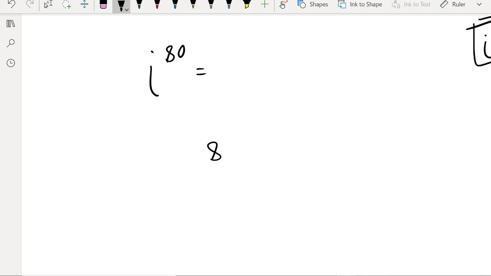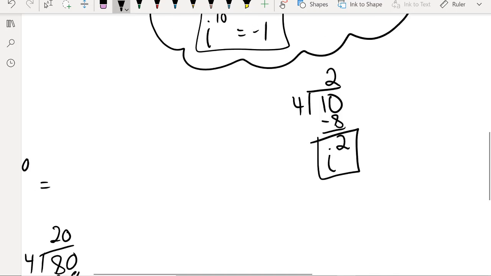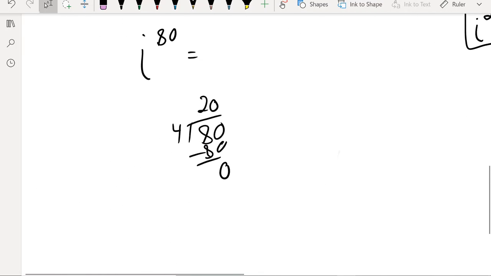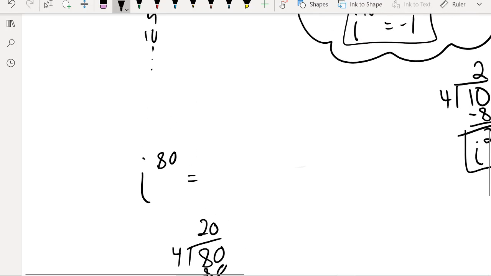So if I use this trick of dividing by 4, it goes in exactly 20 times, so I have 0 as a remainder. Now, according to my trick, you can just take the remainder, take i to that power, and you're done. Well, you can still do that. i to the 0 power, you're done, which equals 1.